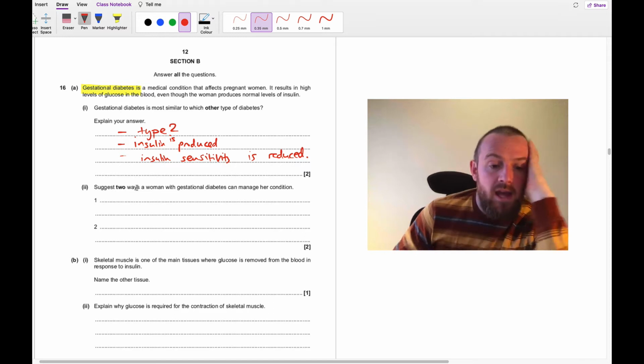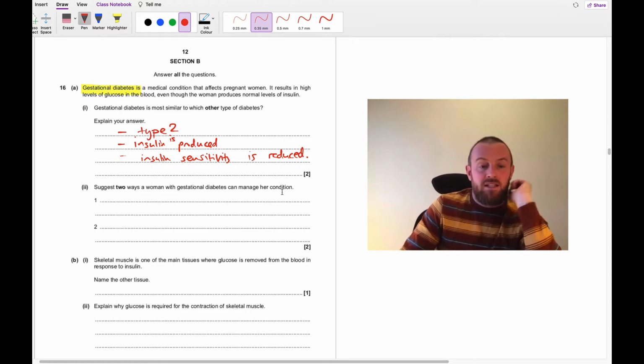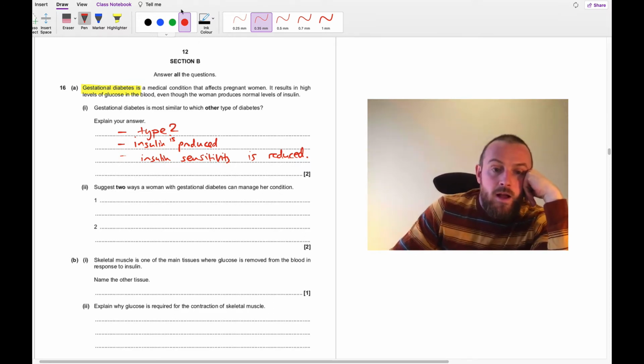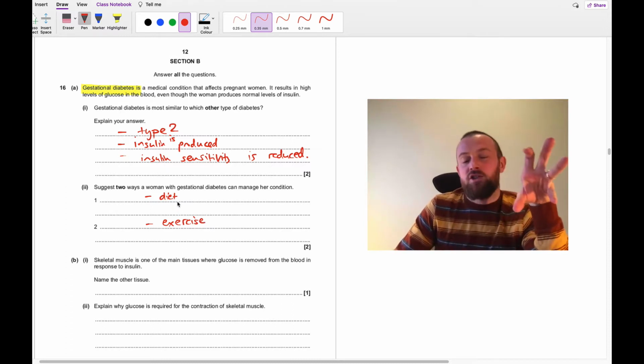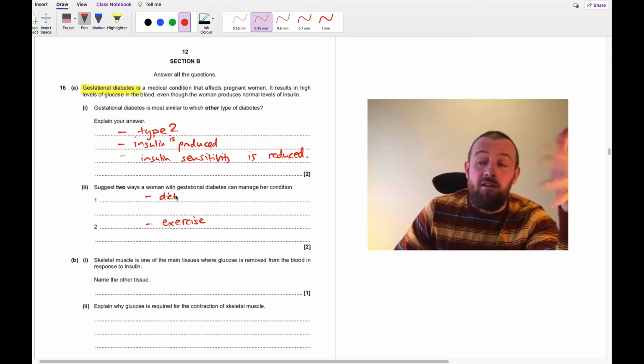So there's two ways a woman with gestational diabetes can manage her condition. Okay, well, we could have diet and exercise. Well, I guess that's two ways, isn't it? Diet and exercise. But if I was answering, I wouldn't just say diet. I'd say controlling diet, avoiding high sugary foods, and doing regular exercise.